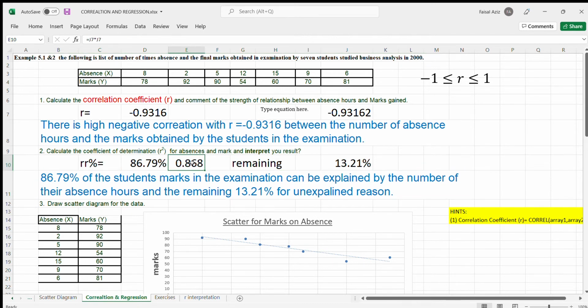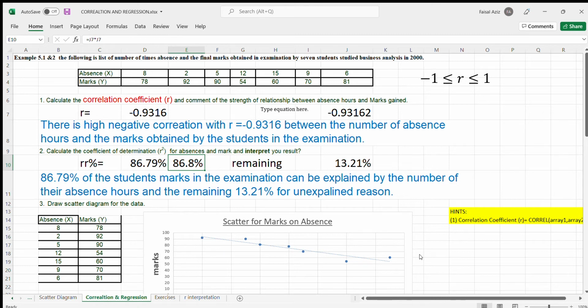Now this value we can convert into a percentage, the coefficient of determination. You can see over here that this model, or this line, is explaining 86.79 or 86.8% of the variations in the data.